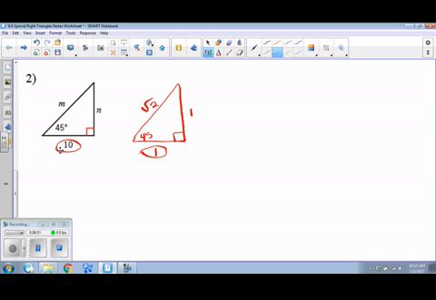So which part corresponds with m? m over square root of 2 equals 10 over 1. Okay? And then we would just cross multiply. So m times 1 is just m equals. Now 10 times the square root of 2, is that square root of 20?